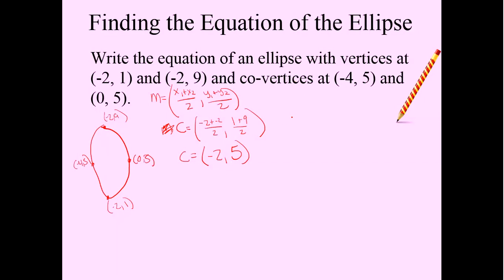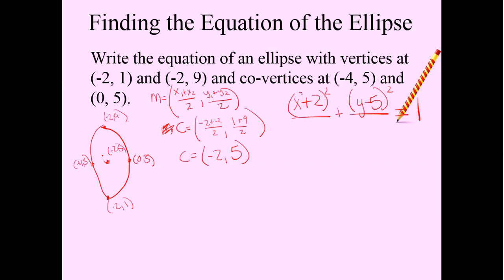So I can start writing. Now notice this is an ellipse that is up and down, so I do know that my y squared is going to have a bigger denominator. So I'm going to have x plus 2 squared over something, plus y minus 5 squared over something has to be equal to 1. Now, this is going to be our a, which is the distance from the center to the vertex, and I know my center now is at negative 2, 5.